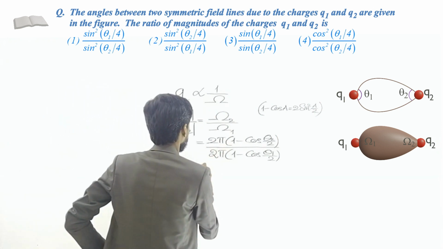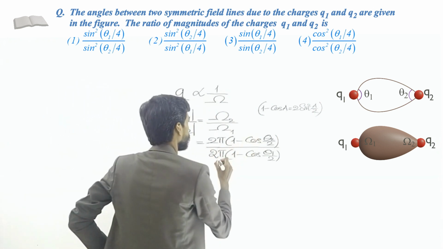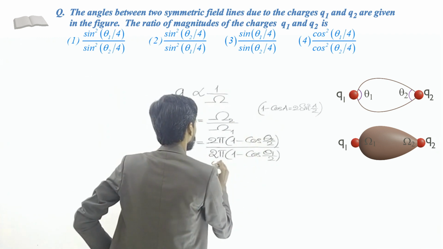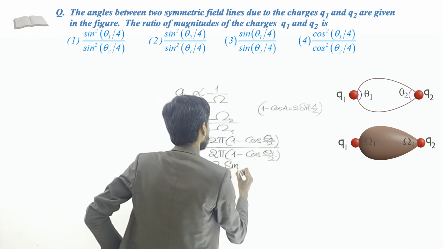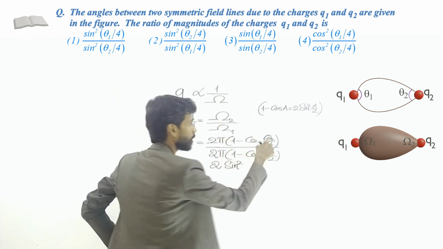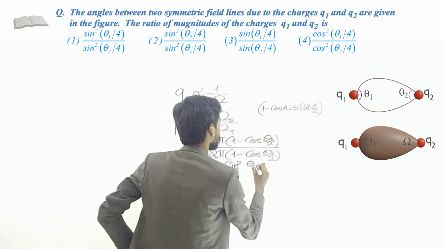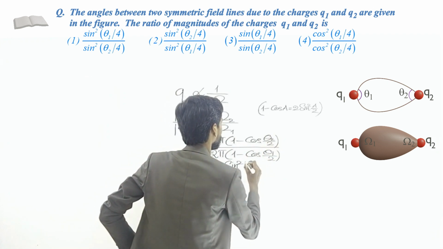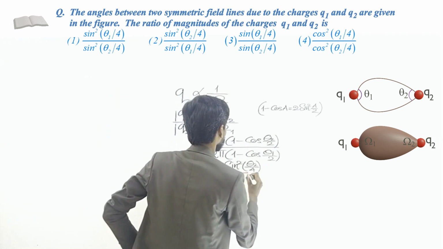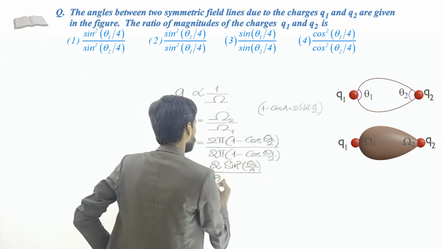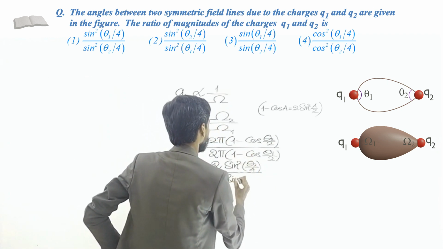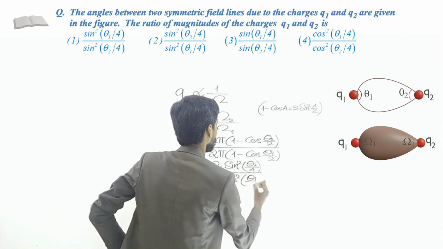This 2 pi gets cancelled here, and then 1 minus cos A is 2 sine squared A by 2. So this half of this value, that is theta 2 divided by 4. And similarly this one is 2 sine squared theta 1 divided by 4.